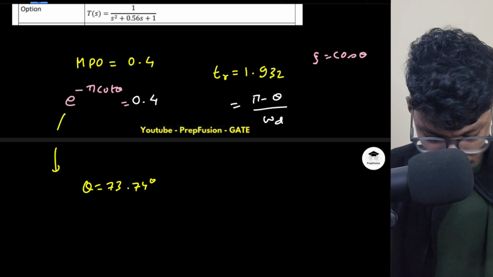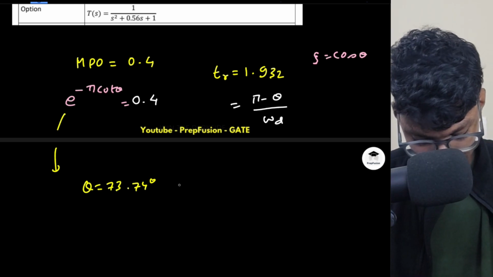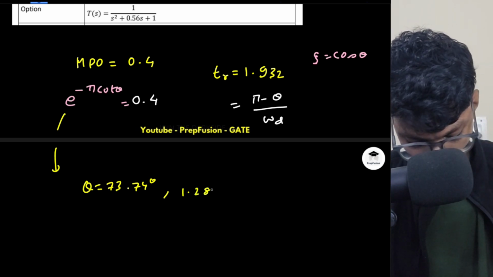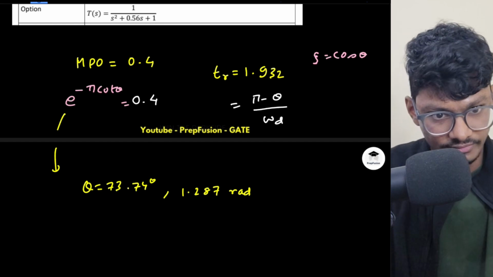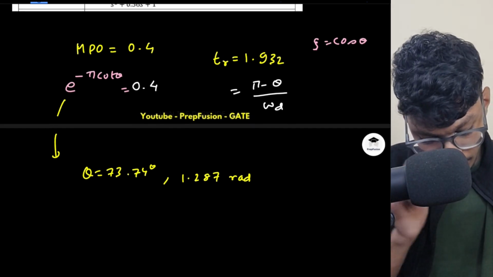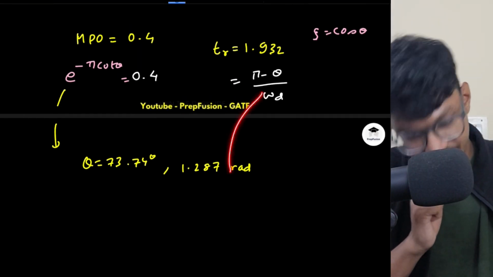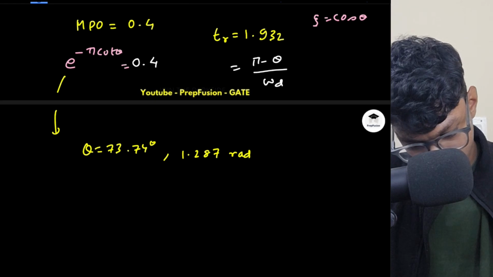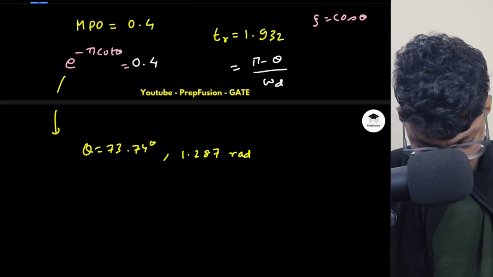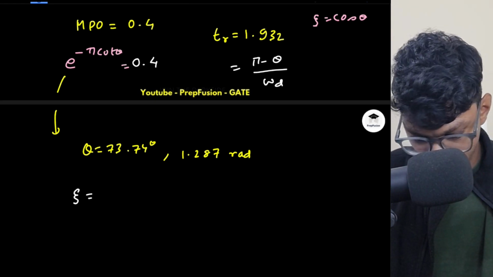Now if I want to convert this into radians, in radians it will be 1.287. In radians this will be the theta value. Okay, so I will put this value here. So I will get my omega d, and zeta also. What is zeta? Zeta will be cos of this, right?